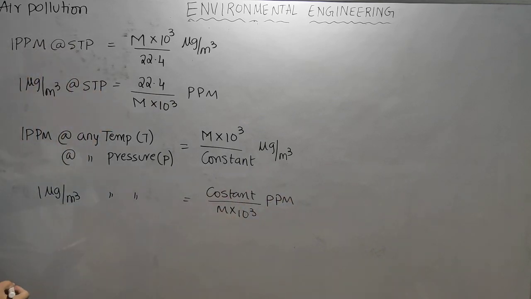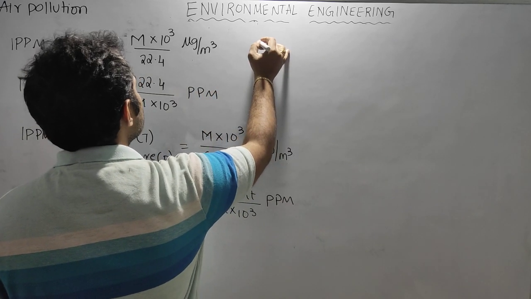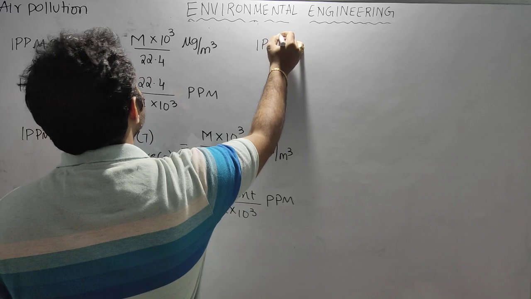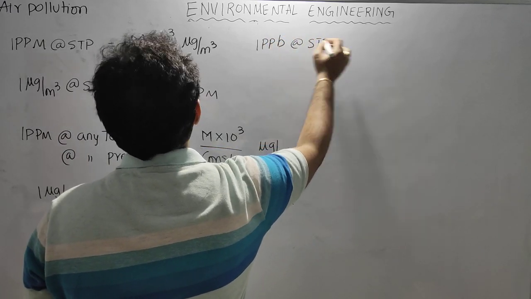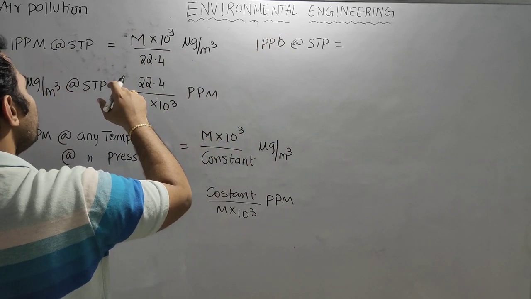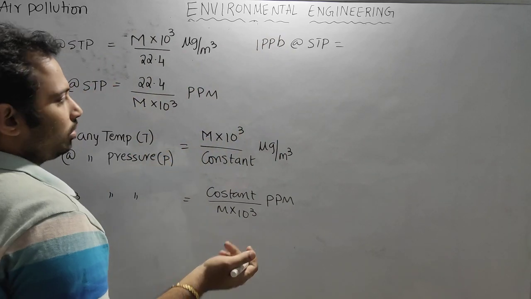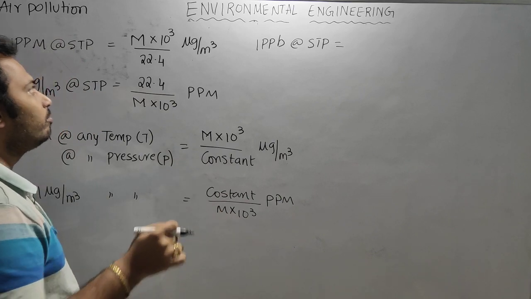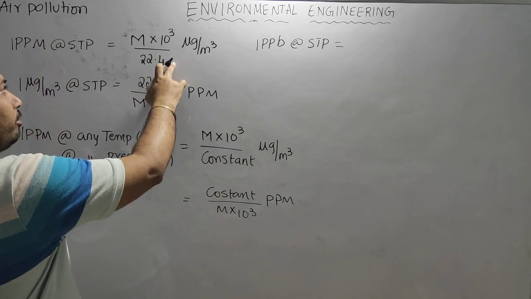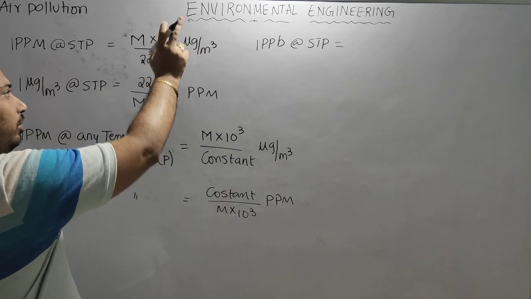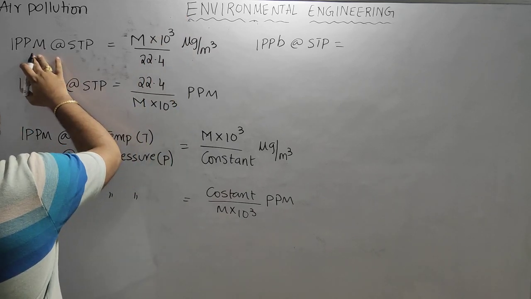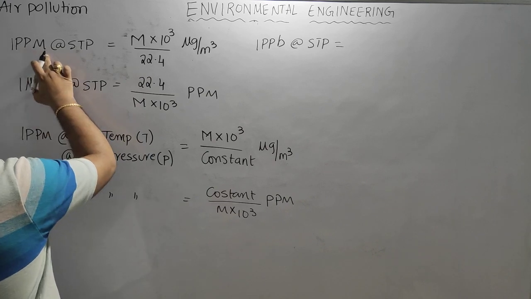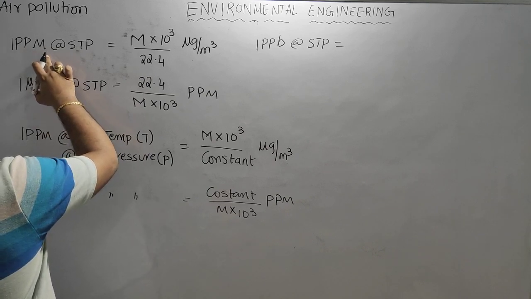And here, 1 parts per billion is equal to, so parts per million means 10 to the power of 6, parts per billion means 10 to the power of 9. So if I divide by 10 to the power of 9, this 10 to the power of 3 will also go. Okay, so this is already ppm. So ppm divided by 1000, 10 to the power of 3, that is ppb.